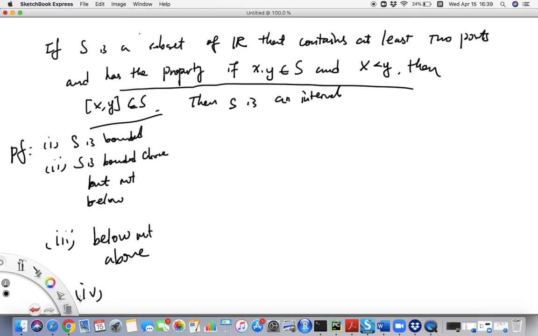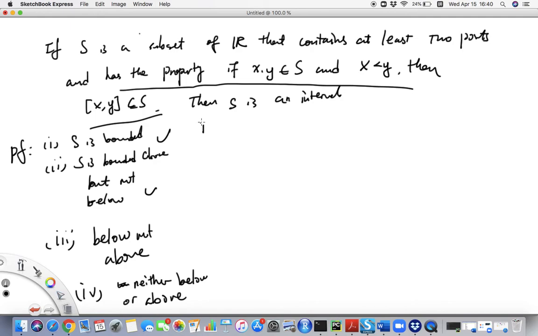And 4, it's unbounded, neither bounded below nor above. Here I'm going to prove the first 2 cases, and the other 2 cases are left as an exercise. Basically, you can follow the same argument as for the first 2.